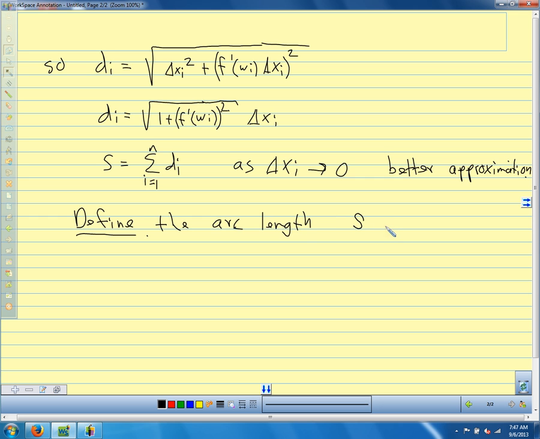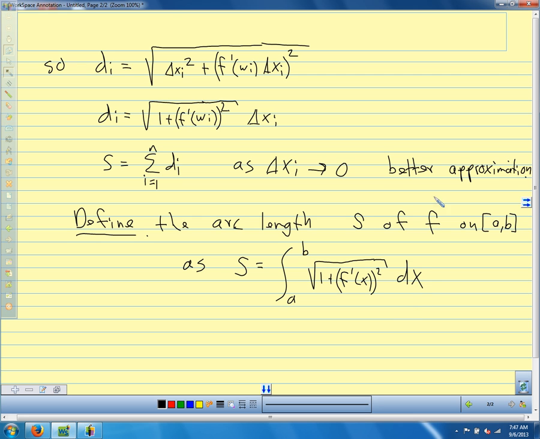So we call our arc length S of f, some function on a nice interval, a to b. S equals the integral from a to b of the square root of 1 plus f prime of x squared dx.